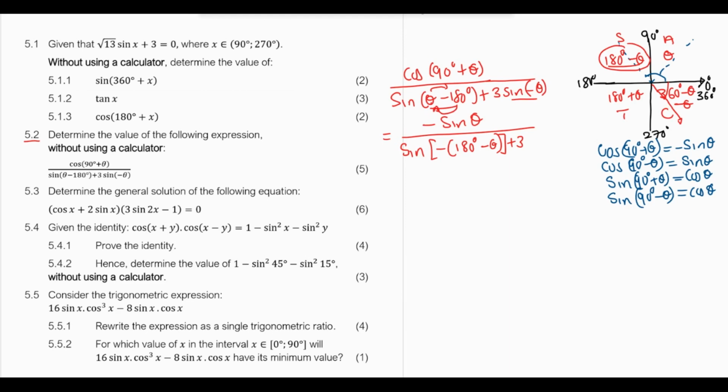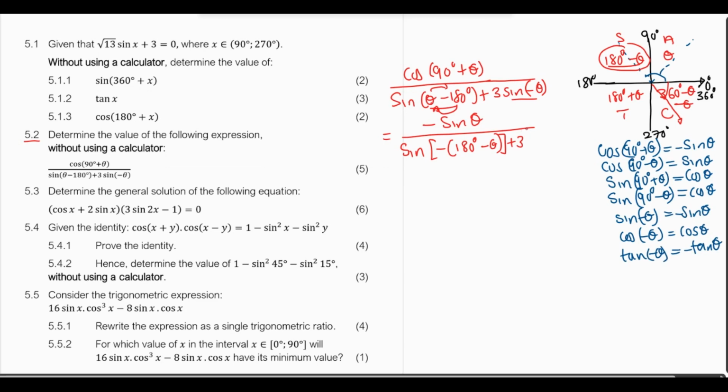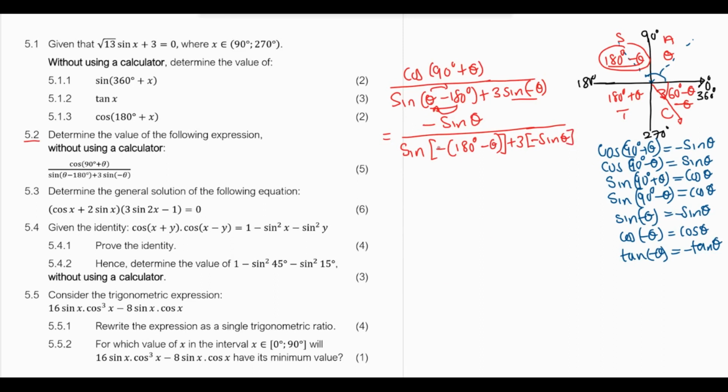So we can say that sin(−θ) is equal to −sin θ. cos(−θ) is in the fourth quadrant, and cosine of an angle is positive, so this is cos θ. And then tan(−θ) is equal to −tan θ, right? So 3 sin(−θ) will be 3 times negative sin θ.